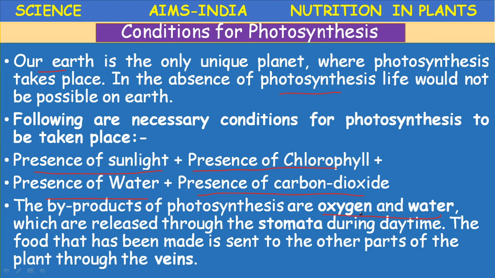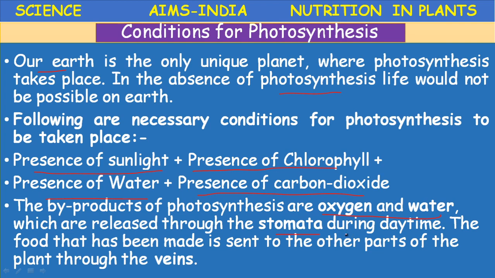The byproducts are oxygen and water. But don't forget to write sunlight and chlorophyll on the arrow mark. In the presence of sunlight and chlorophyll only, the process takes place. These two, oxygen and water, water in the form of water vapor, will be released through the stomata, the kidney shaped.